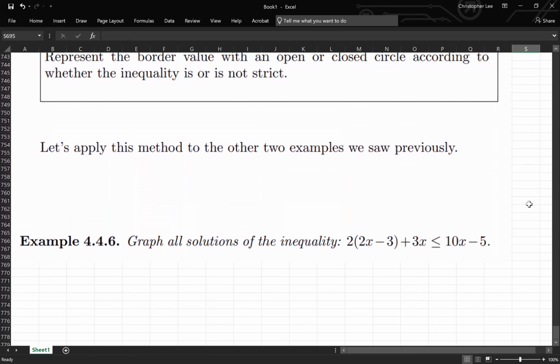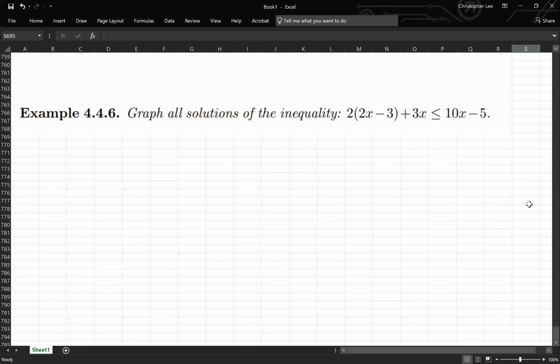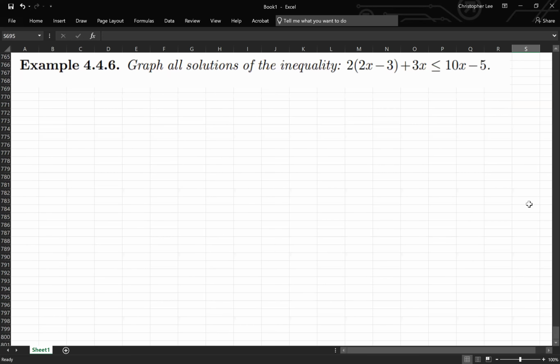All right. So let's apply this method to the other two examples we saw previously. So here's another example. Graph all the solutions of the inequality. Try that out.